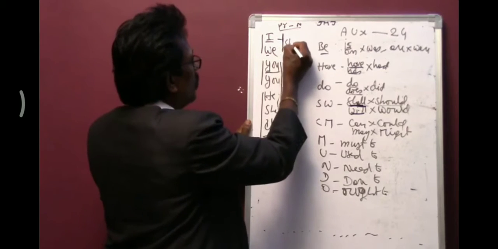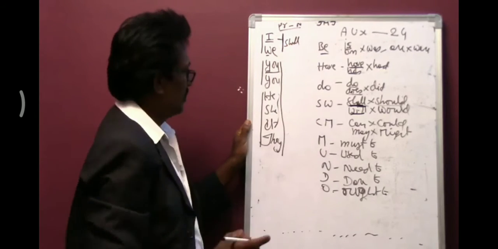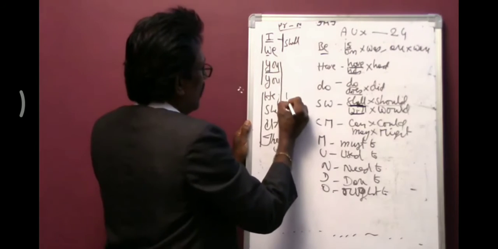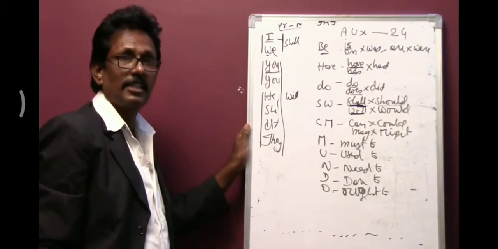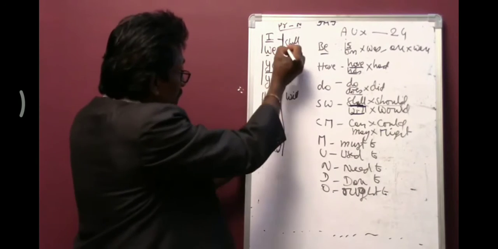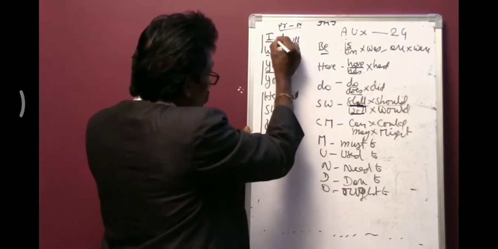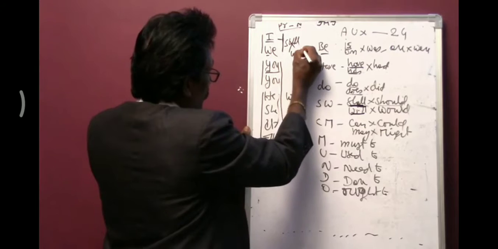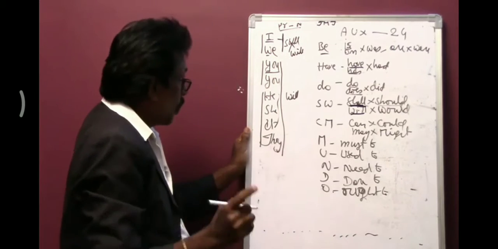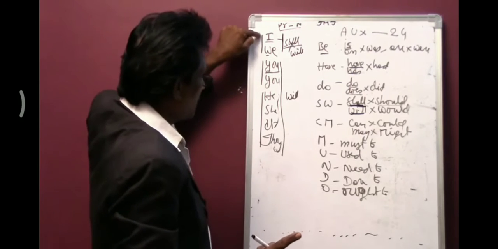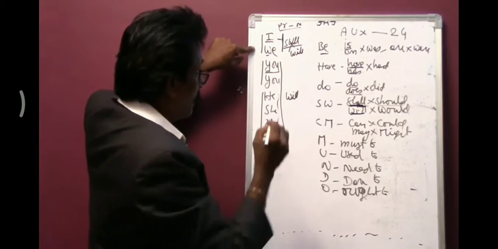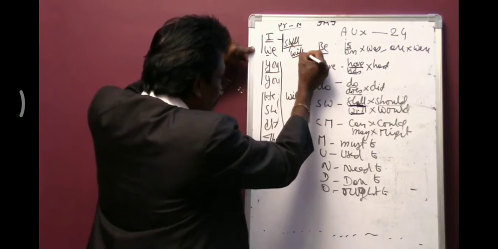I shall go to Bombay next year. We shall. You will. He will. She will. It will. They will. But you find in textbooks somewhere that will is used in the place of shall for I. I will. So shall is supposed to be used for the first person singular and plural, but when will is used, its feeling can be strengthened.